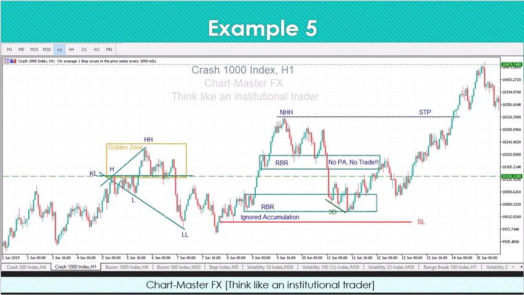If there is no PA, there is no go, guys. Usually the PA is the one that gives you a confirmation that that decision point is valid or not. If there is no PA, then there is no go.